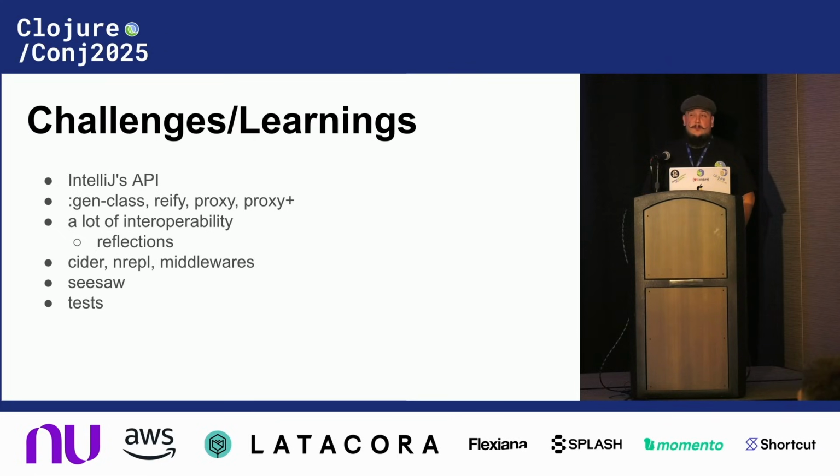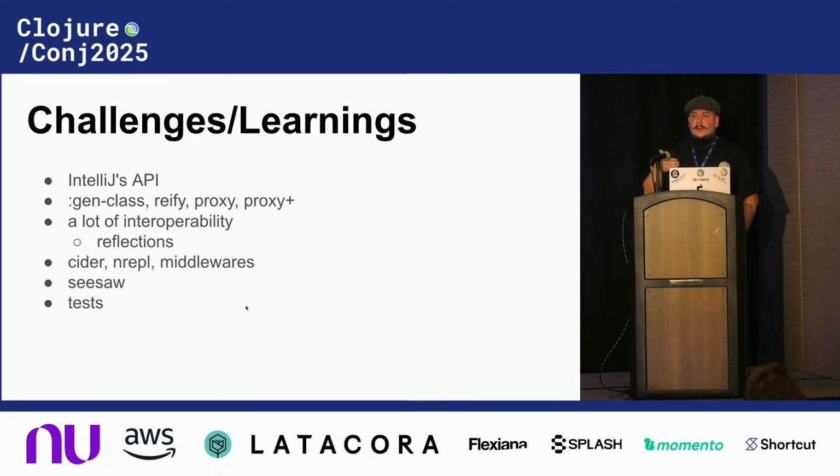There is a lot of interoperability, and as I mentioned, we have one single jar that runs in every IntelliJ version. We decided to do this, but since they have breaking changes, I need to use reflection to check whether a method exists, or whether it exists but the signature changed. So it was pretty nice.